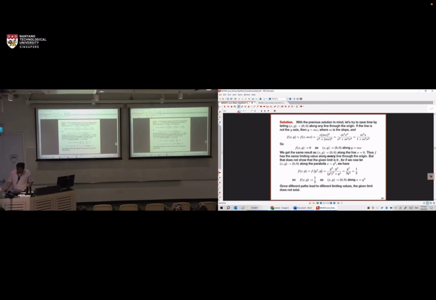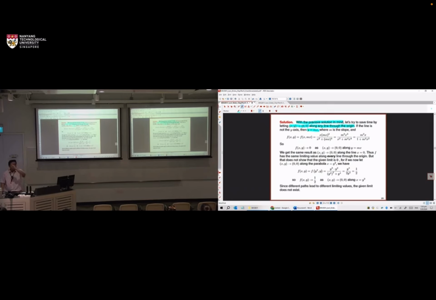For this question, with the previous idea in mind, we will save time by letting x, y approach 0 along any line through the origin. Wow, now more powerful already. No longer just the x-axis, y-axis, and y equal to x. We are more ambitious now. If the line is not the y-axis, then y equal to mx, where m is the slope.